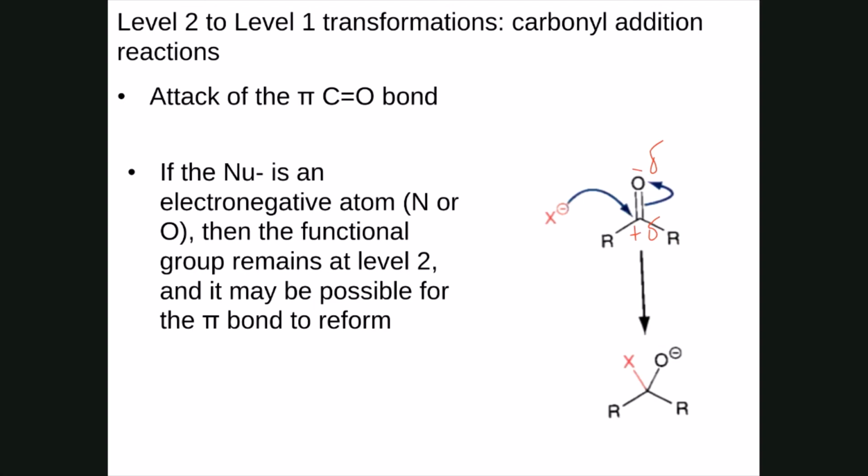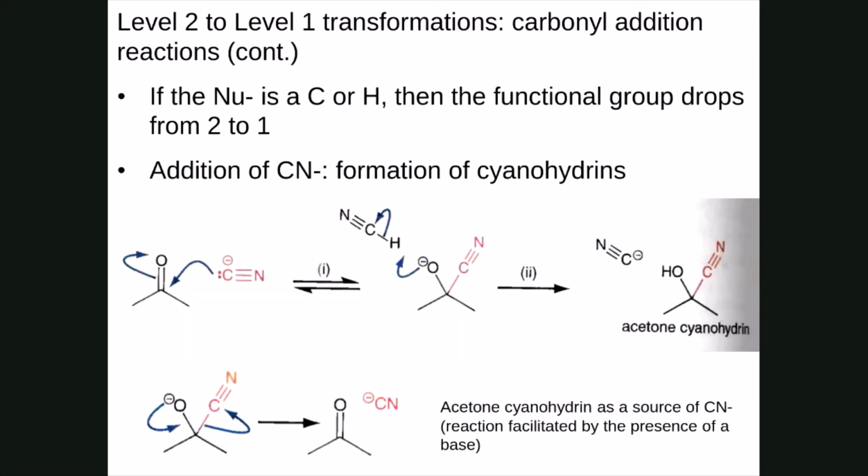If the nucleophile is an electronegative atom, for example containing nitrogen or oxygen, then the functional group remains at level 2. As you can see here, if that X is an oxygen or a nitrogen atom, that carbon would still be a level 2 carbon, and it might be possible for the pi bond to reform. I've got an example in the next slide.